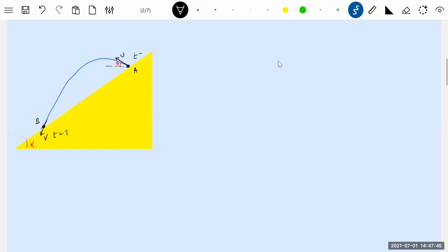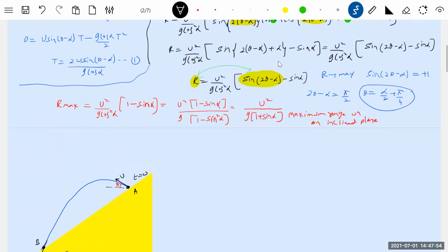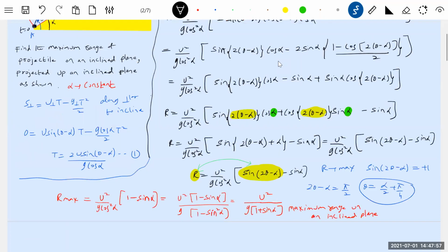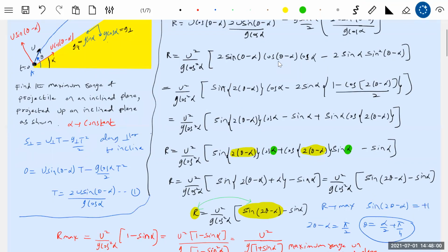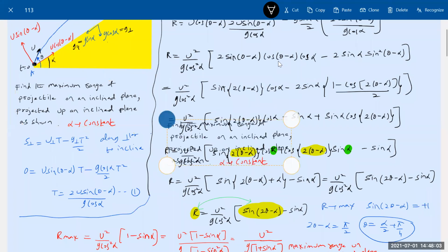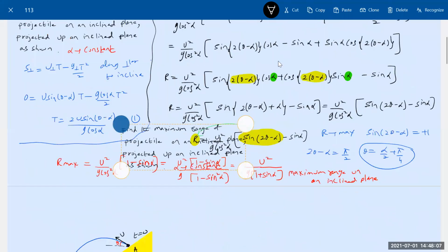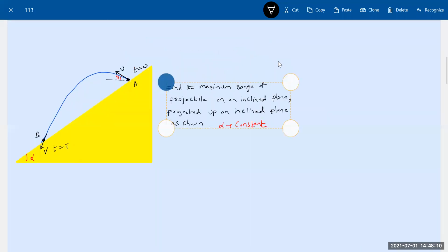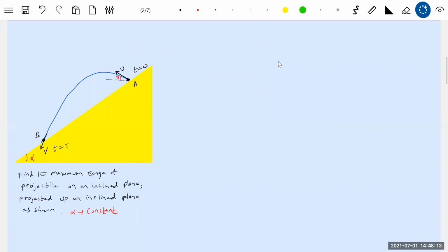At t equals 0, it was projected from point A. After some time, it will go and strike the inclined plane at point B. We have to calculate that maximum range. I'll take the same explanation.